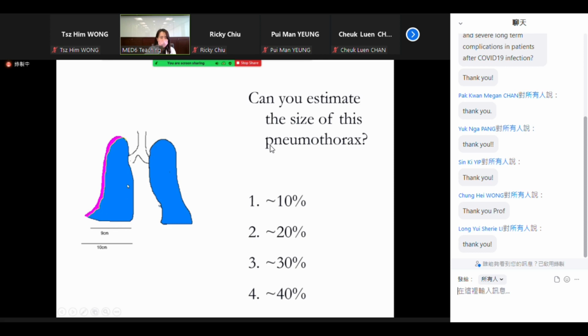If you have a 1 cm pneumothorax like this, what is the size? Can you estimate the volume of the pneumothorax? 10%, 20%, 30%, or 40%? Anyone want to give me an answer? Or you can type in the chat box if you know the answer.